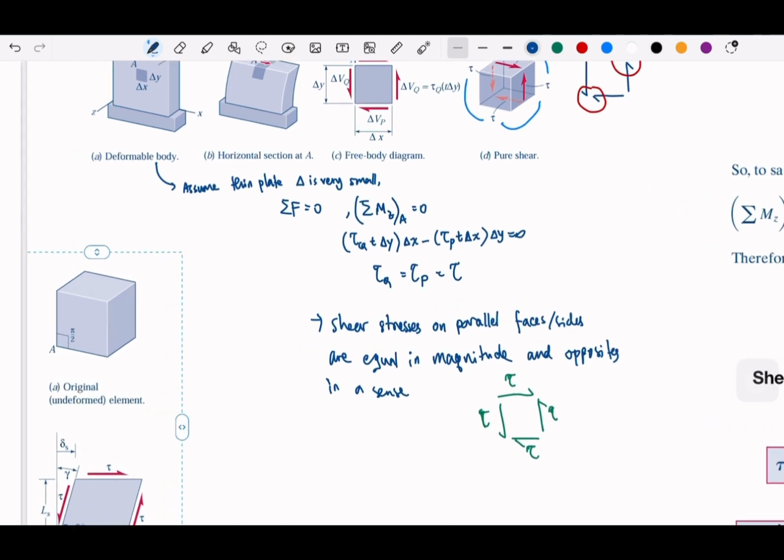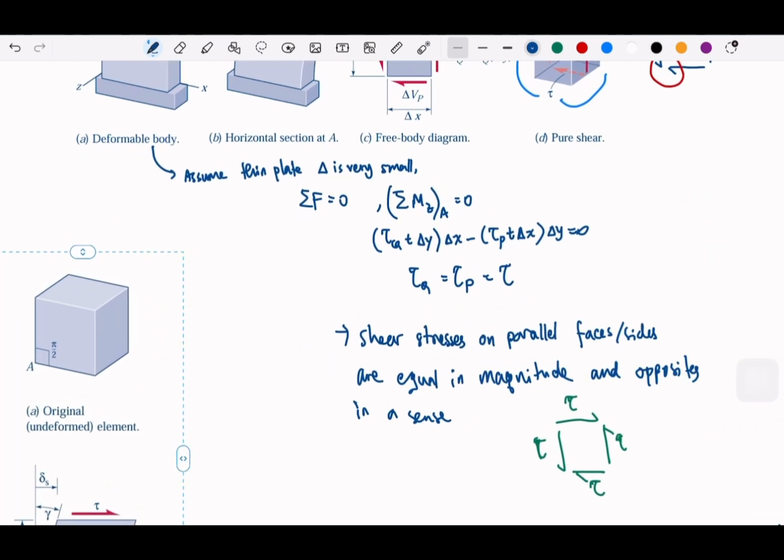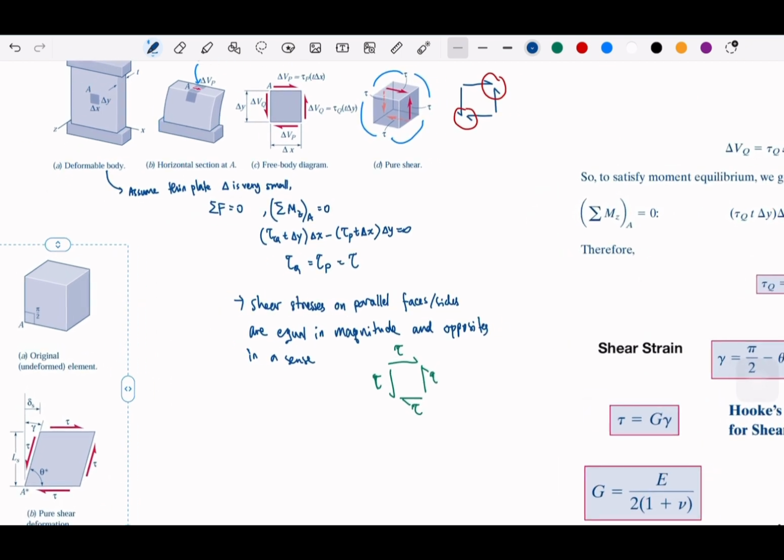So for the sum of forces, we can write that the shear force delta phi q is equal to delta tau q delta x, and this is equal to tau q t delta y. This is how we get this into here.